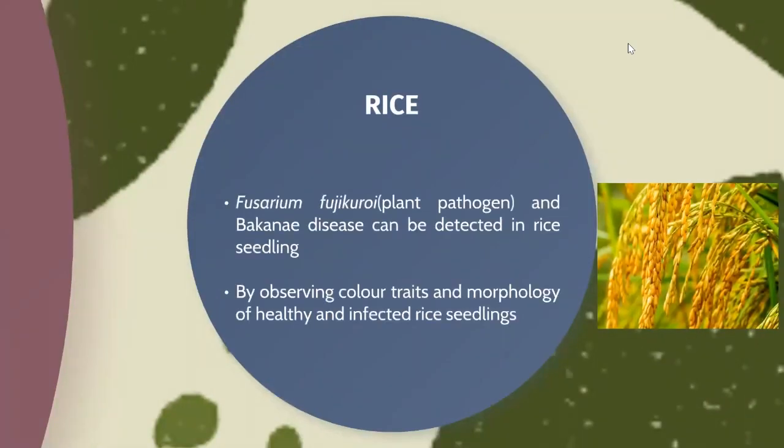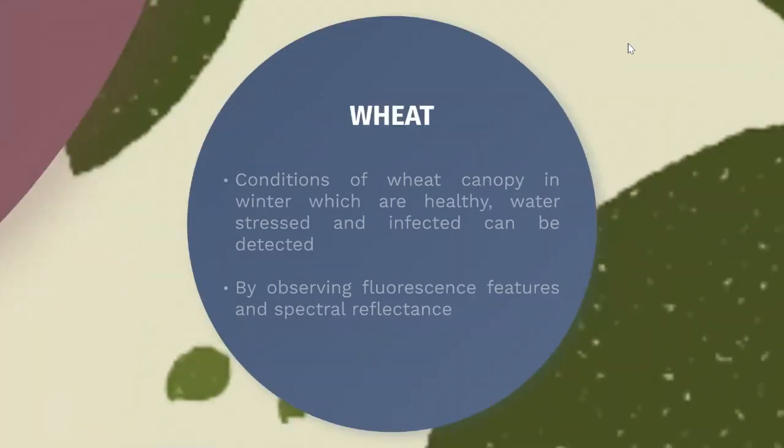Other than that, Fusarium fujikuroi, which is a plant pathogen, and Bakanae disease, can be detected in rice seedling by using this model. This can be done by observing color traits and morphology of healthy and infected rice seedling. Other than that, conditions of wheat canopy in winter which are healthy, water stress, and infected can be detected. This can be done by observing fluorescence features and spectral reflectance.